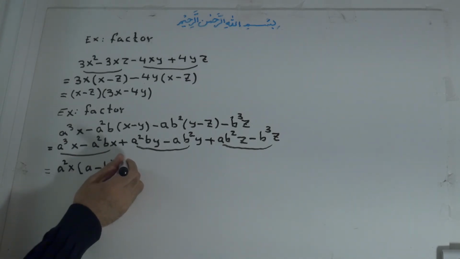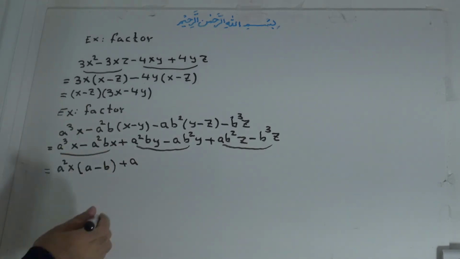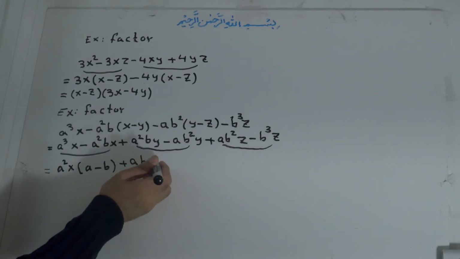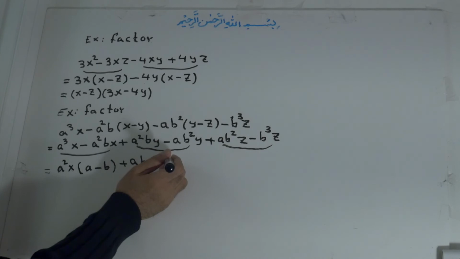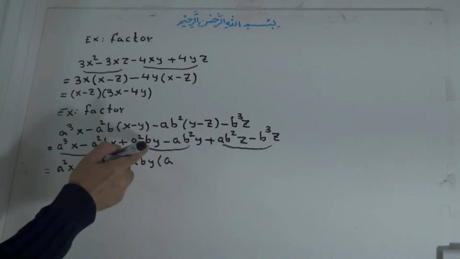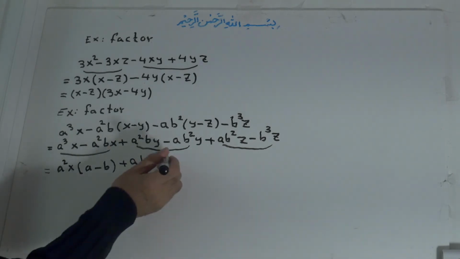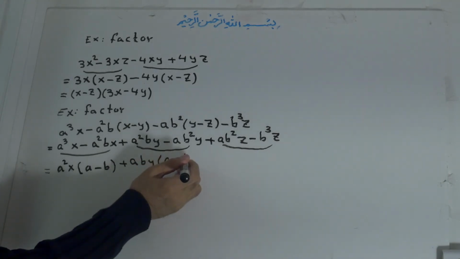Here a to the power of 1 is common. We take the smallest one, b to the power of 1 or b, and y. Now a to the power of 2 minus a is a, b and y are outside of the parentheses, minus b to the power of 2 minus b to the power of 1 is b to the power of 1 or b.